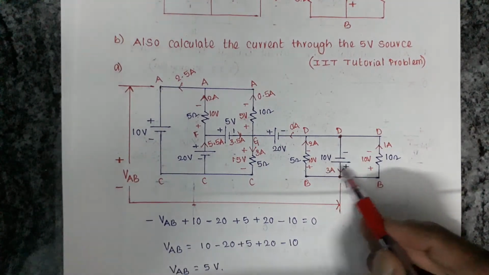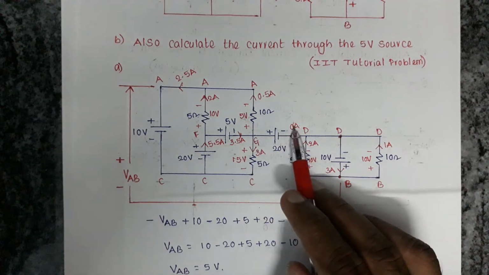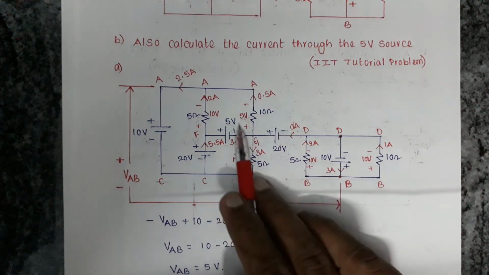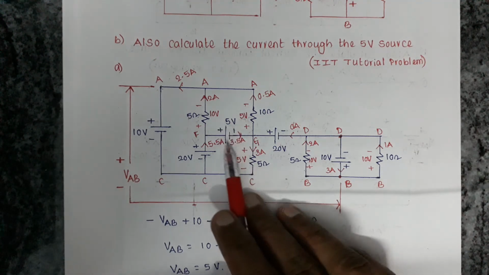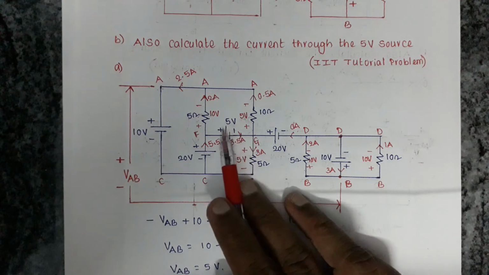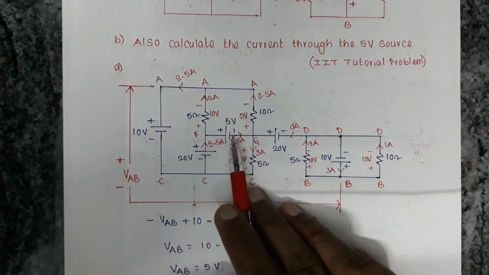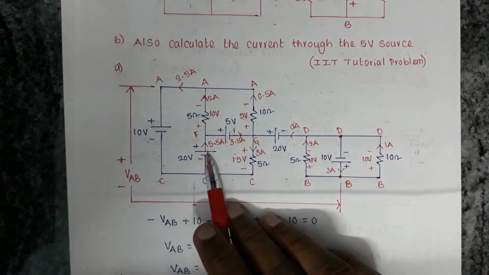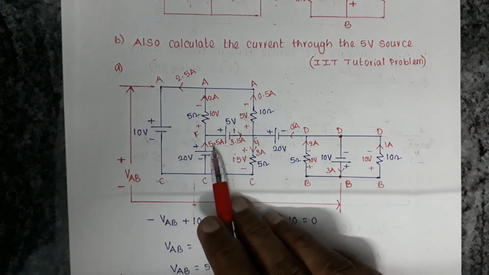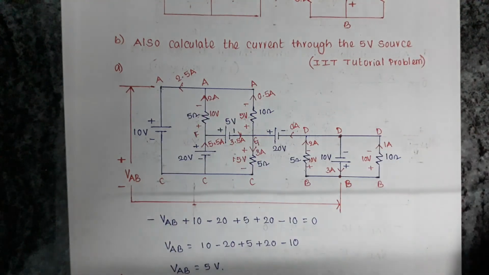The current in this voltage source is 3 amperes, the current in this voltage source is 0 amperes, the current in this voltage source is 3.5 amperes, and it is absorbing power. It is not giving power; this 5 volt source is absorbing power, not supplying power. And the current in this 20 volt source is 5.5 amperes, the current in this 10 volt source is 2.5 amperes.